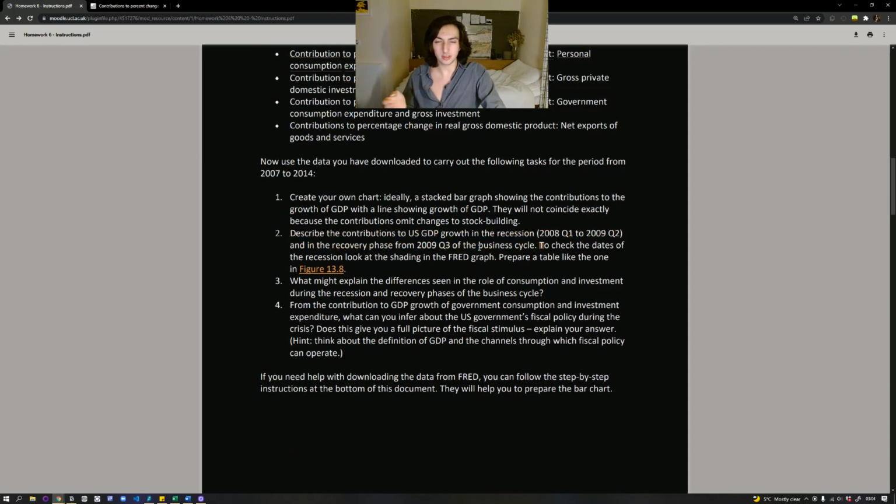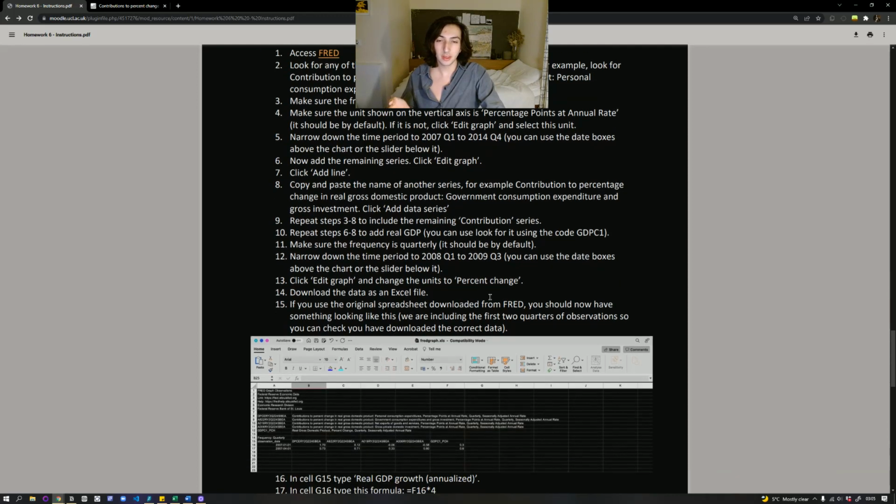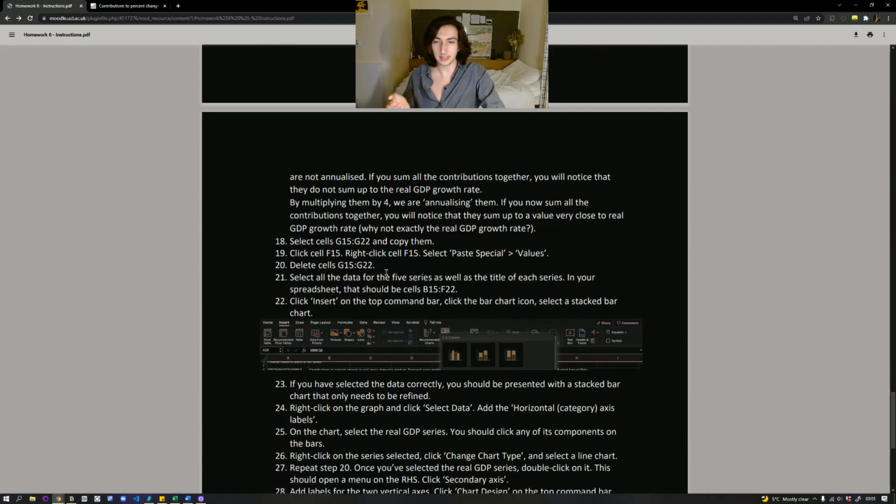You may have got some confusion from reading the graph instructions. So the question says, look at the recession period. So we have quarter 1 of 2008, and then including quarter 3 of 2009, as we can see here. But the guidance for actually making the graph states from 2007 to 2014, even though it specifically asks you to cut down the data later.